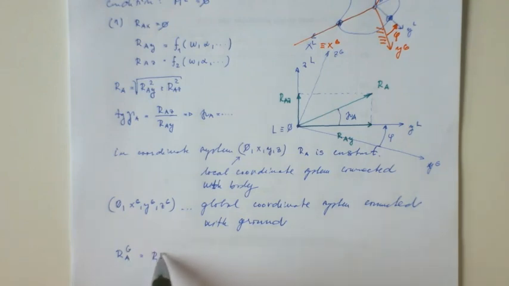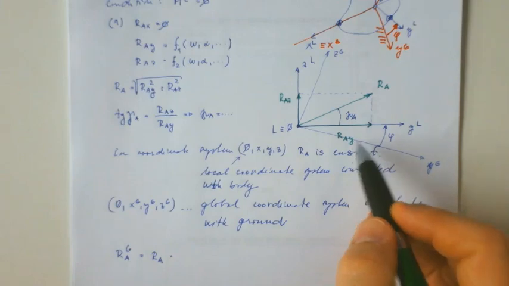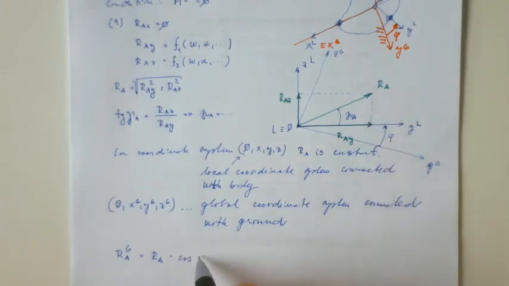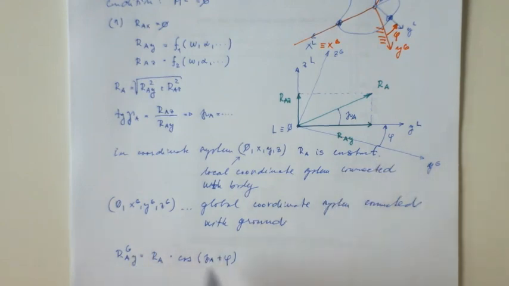We can leave it blank or we can write R here by cosine gamma A plus phi, and it will be the Y component, and RA global Z component is RA by sine gamma A plus phi.